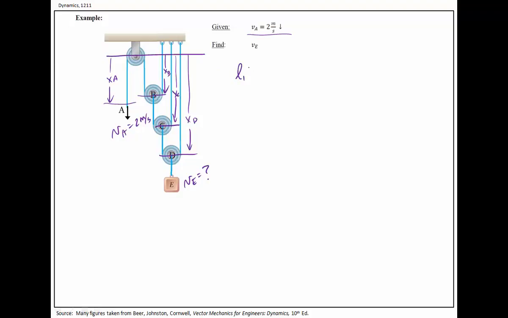So we'll go length of 1 is going to be equal to XA, right? So we have this right here, plus 2 times XB. We can just look at that and say, okay, we have this length and this length. Okay, so that's one equation. Length 2 is going to be XC minus XB.